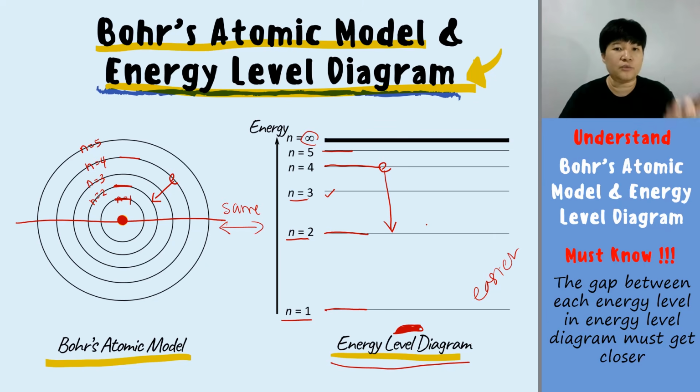That is still showing the transition. We'll be using this energy level diagram a lot. I just want to show you that your Bohr atomic model and energy level diagram actually represent the same thing.